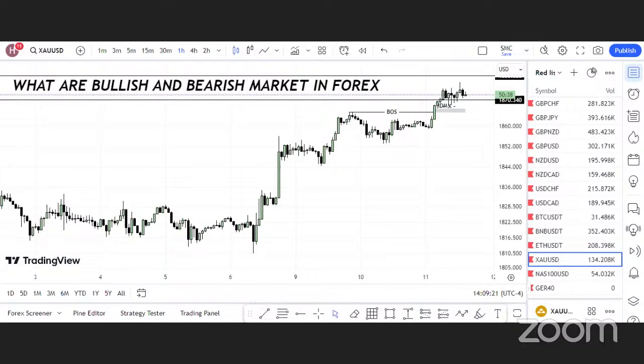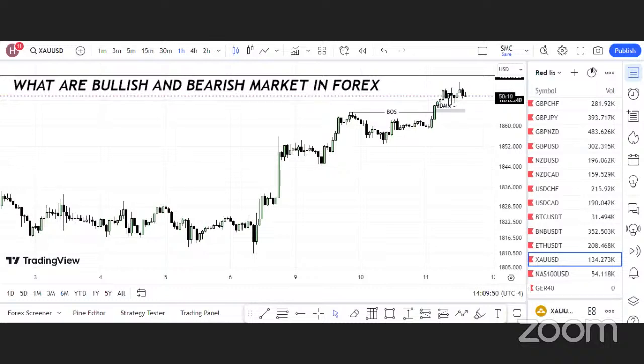Okay, so simply a bullish market is used to describe a condition where the market is rising. That is when the market is going up. Okay, and a bear, which is also known as a bearish market, is when the market is going down. Right, it's just as simple as that. So bull, bullish; bear, bearish. Bullish market is when the market is going up.